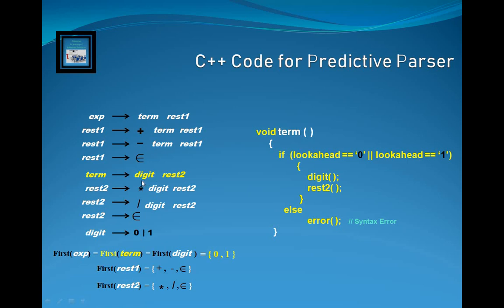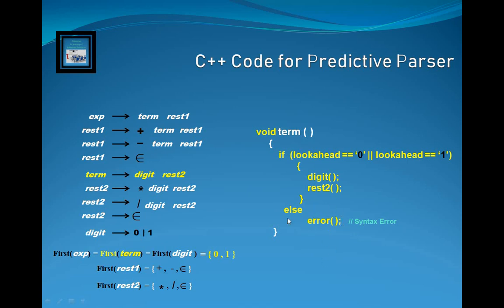This production says first the digit non-terminal and then the rest2 non-terminal. So first the digit call and then the rest2 call. If this if has failed, then a syntax error must be reported. So here is another function, error, which we will see at the end.